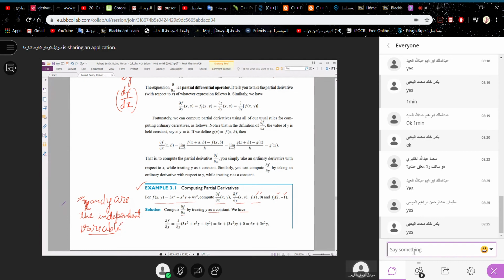If your variables are independent, then we treat the other as a constant. If you are differentiating with respect to x, then y as a constant. If we are differentiating with respect to y, then we treat x as a constant.